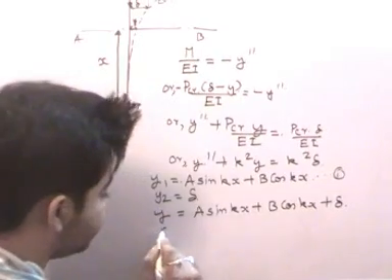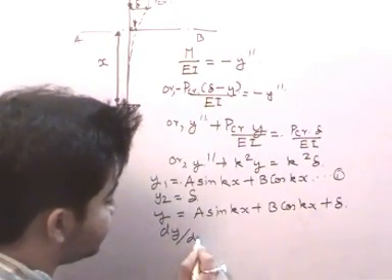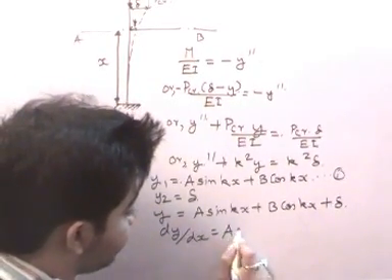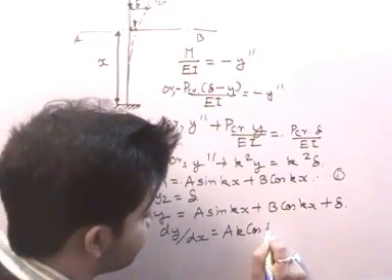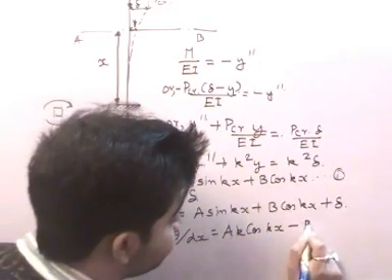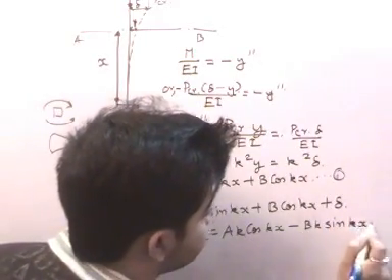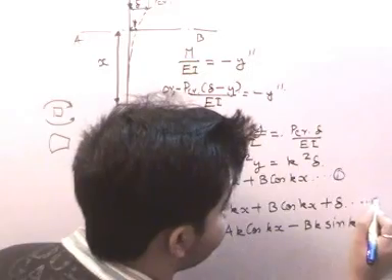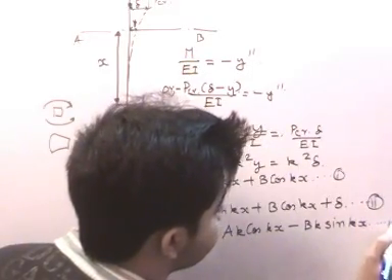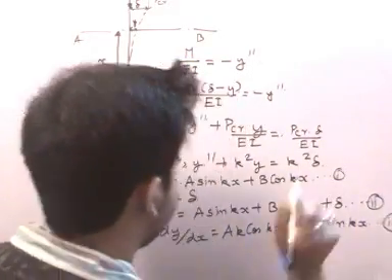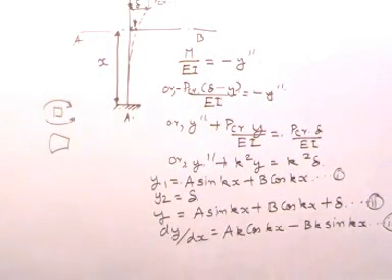Plus delta. So dy by dx is essentially equal to A k cos Kx minus B k sin Kx. So essentially this is my number 2 equation and this is my number 3 equation, right? Now let us put the boundary conditions in.